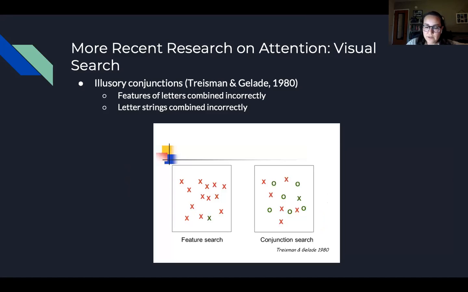For example, putting one object's shape together with a nearby object's color. A number of studies have shown that, for example, if there's a blue N and a green T, the viewer actually perceives a blue T. So they're incorrectly blending the different features of these very separate stimuli.